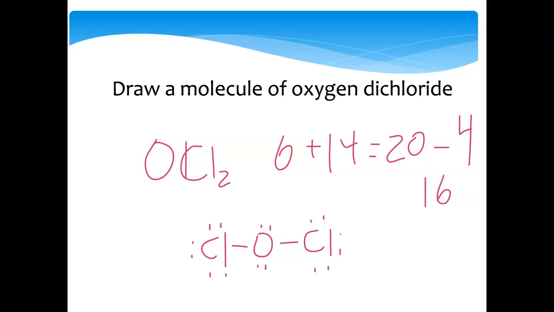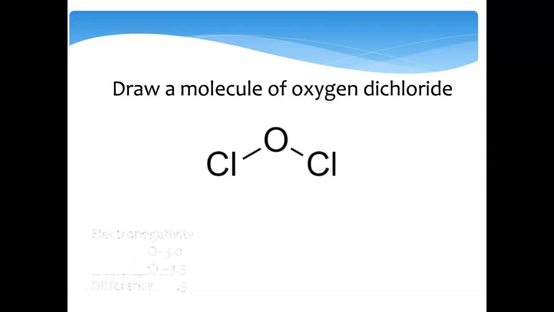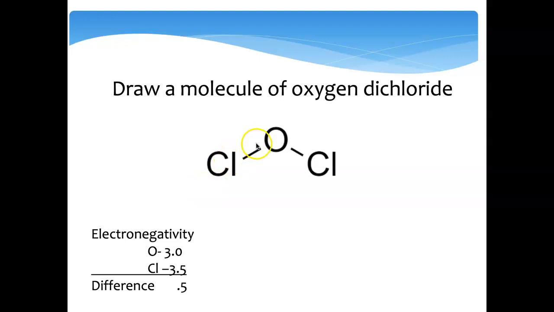All right, so what's the shape of this molecule? Hopefully you were thinking it is bent because we have 2 lone pairs of electrons on that central atom. As you're drawing that, you have to take a look at that as well.